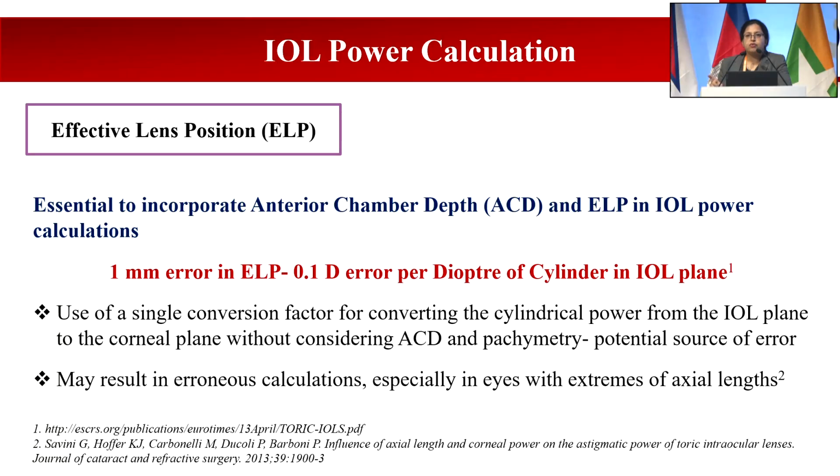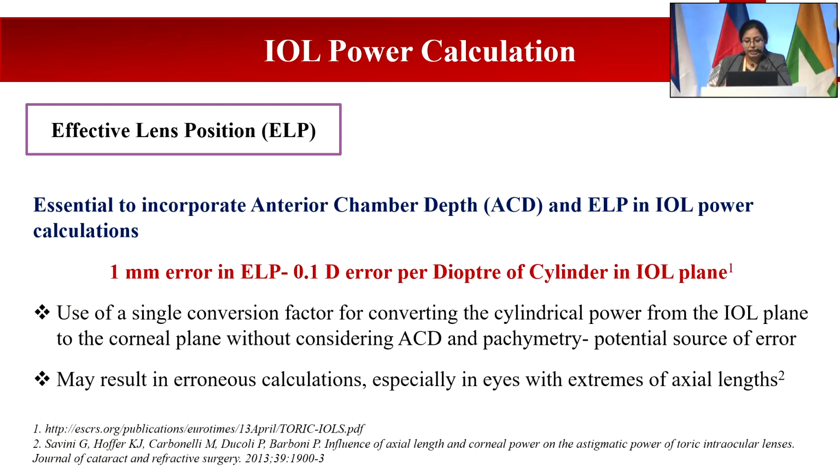Effective lens position is what is still giving us a variability in not reaching 100% of cases within plus minus 0.5 diopters or within plus minus 1 diopter, because however much you may try to predict with a host of variables, 6 variables, 7 variables, still the accurate effective lens position is not being 100% accurately predicted. 1 millimeter error in ELP can cause a 0.1 diopter error per diopter of cylinder in the IOL plane, and use of a single conversion factor for converting the cylindrical power from IOL plane to the corneal plane without considering the anterior chamber depth and pachymetry are potential sources of error.